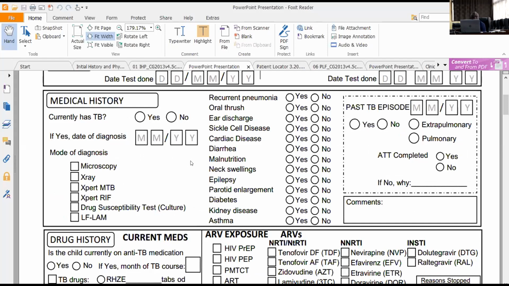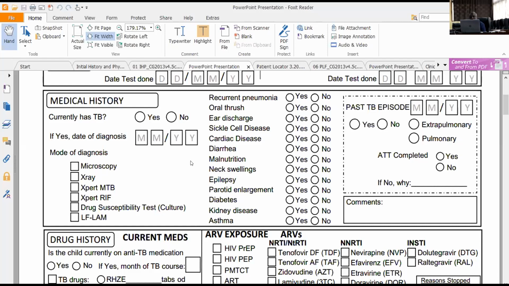You have to say whether it was diagnosed by microscopy, by X-ray, by Xpert MTB, Xpert RIF, or culture, or LF-LAM. Then you have that list of diseases on the past medical history there, from recurrent pneumonia up to asthma, all those. So you say whether the patient has had those or not.